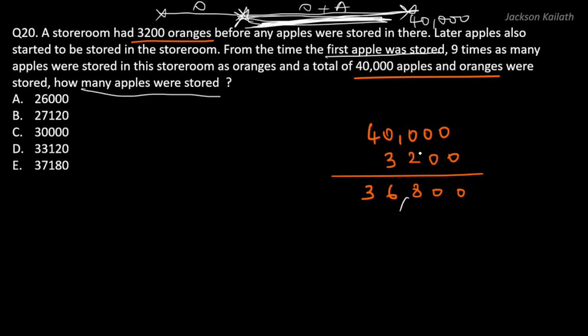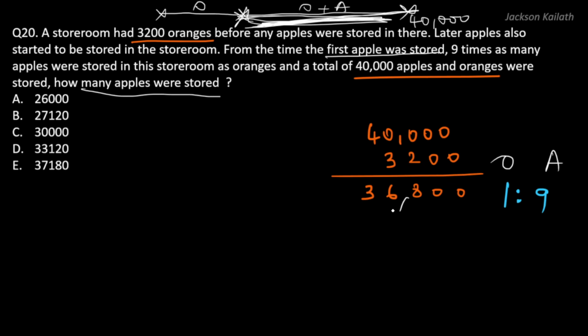And these 36,800 fruits will be in 1:9 ratio, where 1 is for orange and 9 is for apples. So you just need to divide 36,800 in the ratio 1:9, and by doing so, you can find how many of these are oranges and how many are apples.